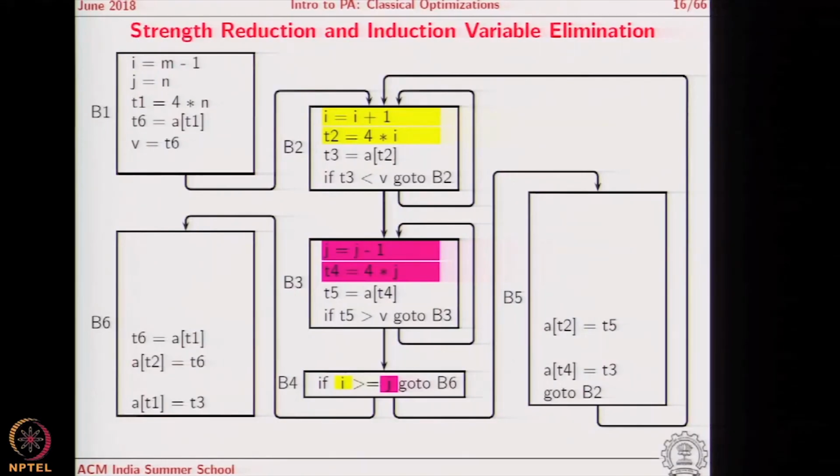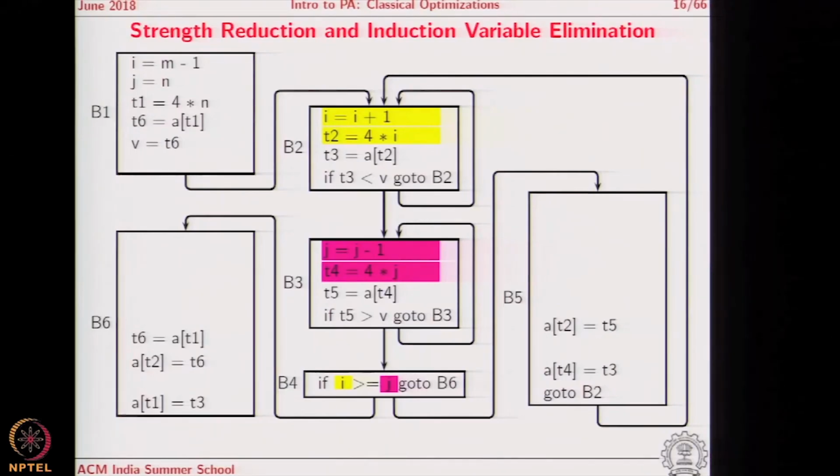Observe here that we have j is equal to j minus 1, and we have T4 is equal to 4 star j. So, whenever j decrements by 1, T4 decrements by 4, right.